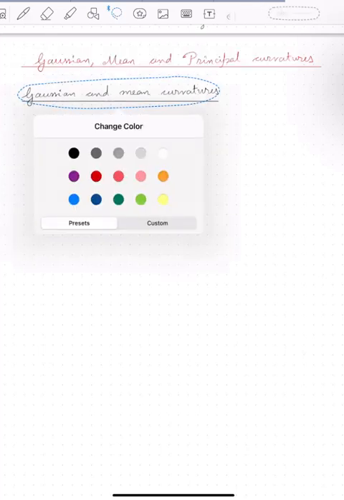We want to first define what they mean. So Gaussian and mean curvatures. Right. So it's accompanied by a definition.